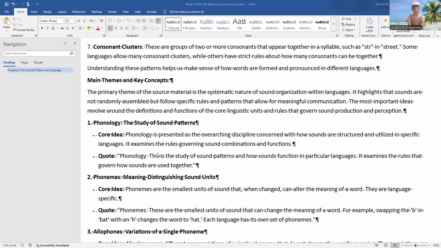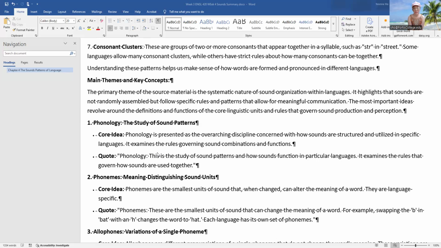Phonology, the study of sound patterns, core idea. Phonology is presented as the overarching discipline concerned with how sounds are utilized and structured in specific languages. It examines the rules governing sound combination and functions.